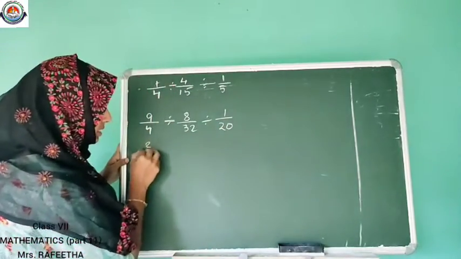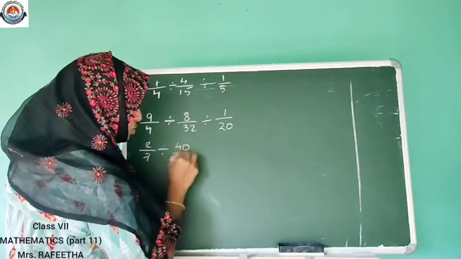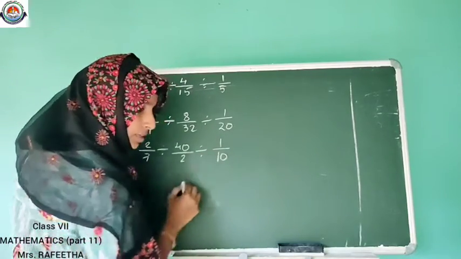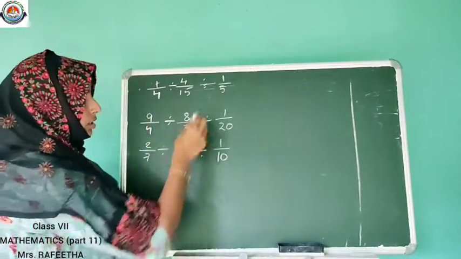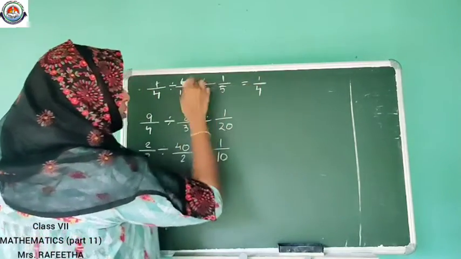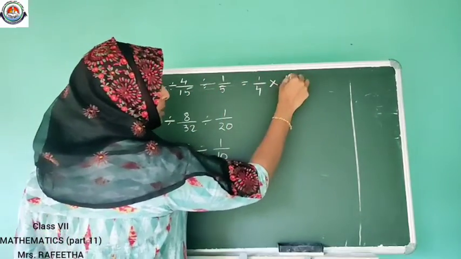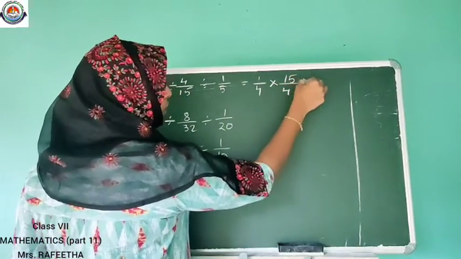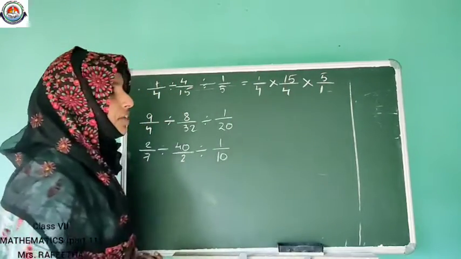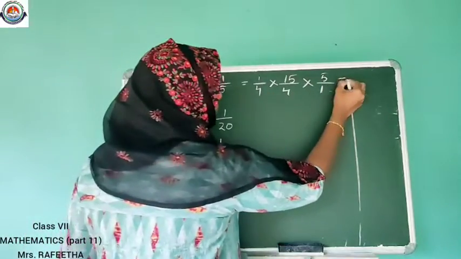Next, 2 by 7 divided by 40 by 2 divided by 1 by 10. In this case, 1 by 4 itself. 4 by 15, instead of division, multiplication, will be 15 by 4 into 1 by 5 will be 5 by 1. Here nothing is there to cut, so we can write that directly.